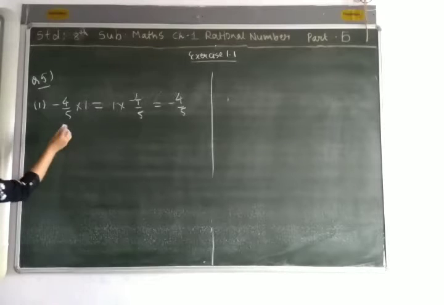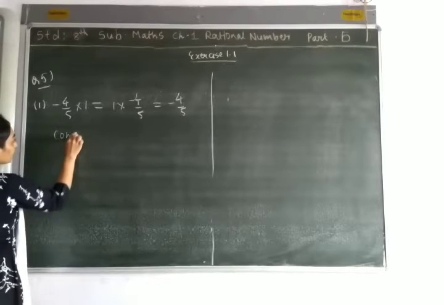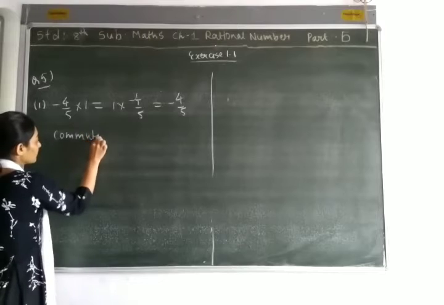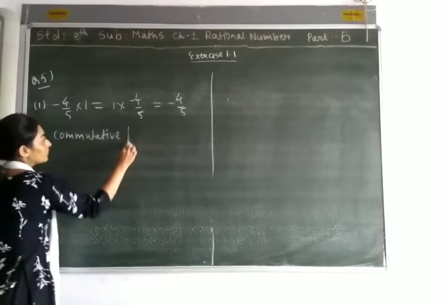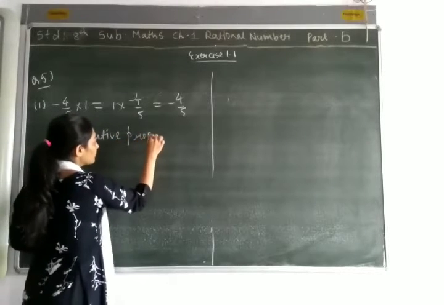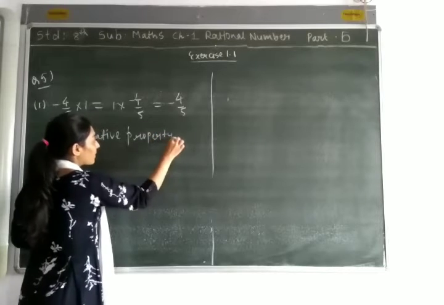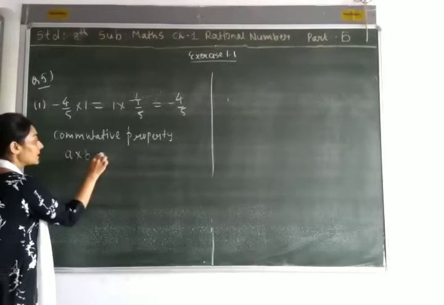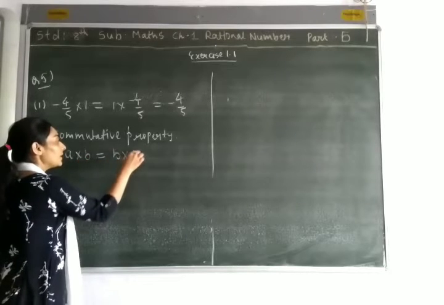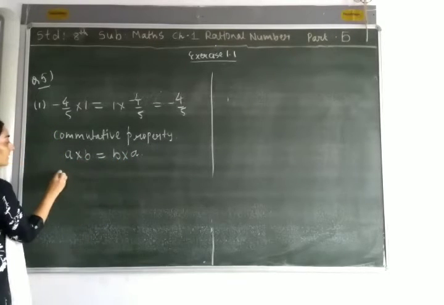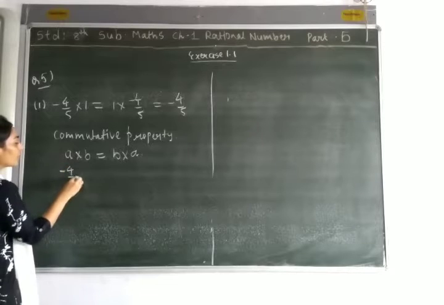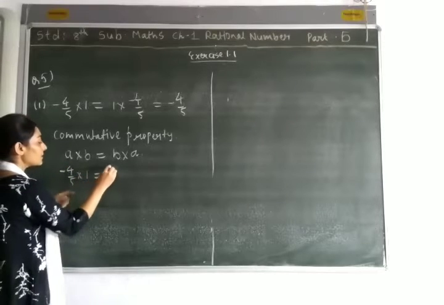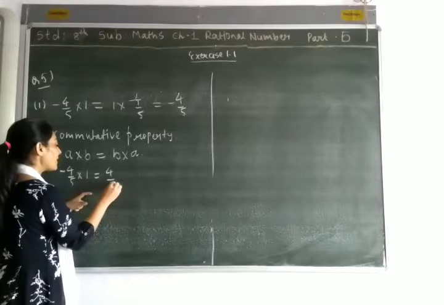Commutative property. In that property we have seen that A into B is equal to B into A only. Here, minus 4 upon 5 into 1 is equal to minus 4 upon 5.